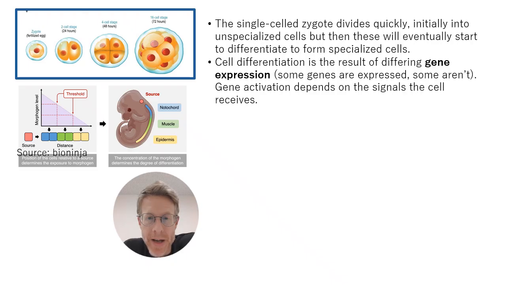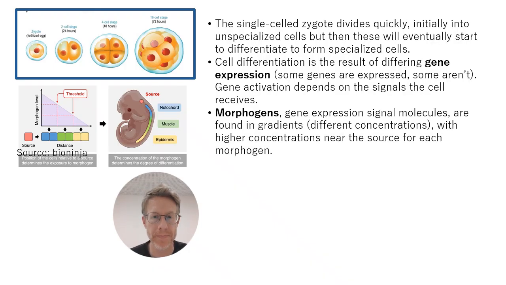Here that is written out for you in some words. So there's the term gene expression. Again, all cells have the same genes, but the genes that are expressed vary. And morphogens are what impact gene expression, so you could call them gene expression signal molecules.